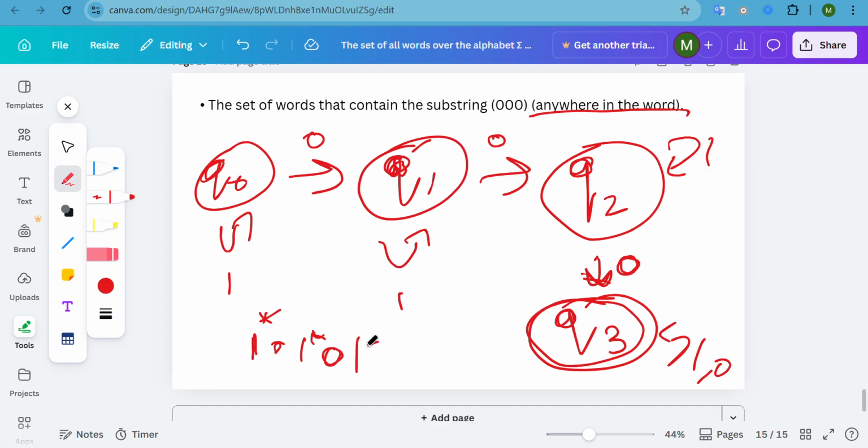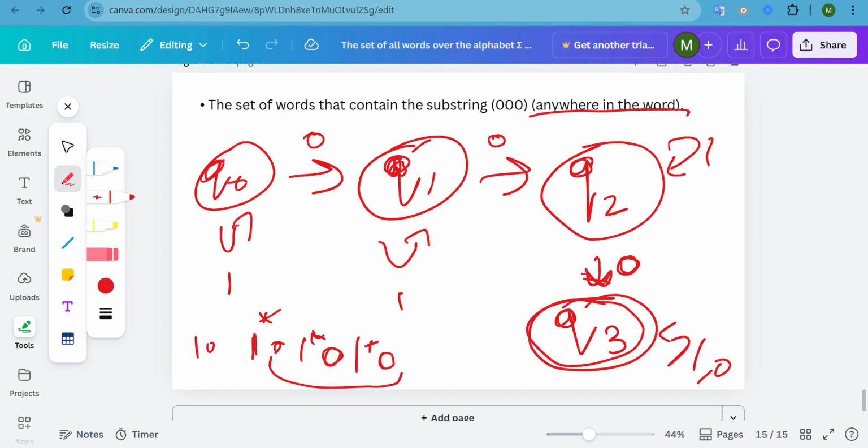The only constraint is, can you make 1 0? Of course we satisfied the condition, because you cannot make this accepting without doing the three zeros. You cannot move forward until you have 3 zeros in the word.